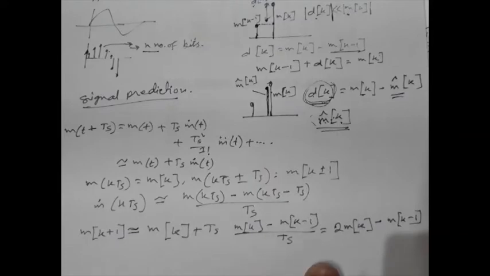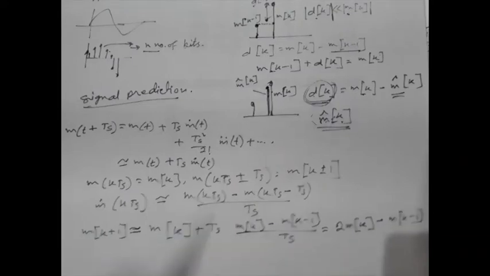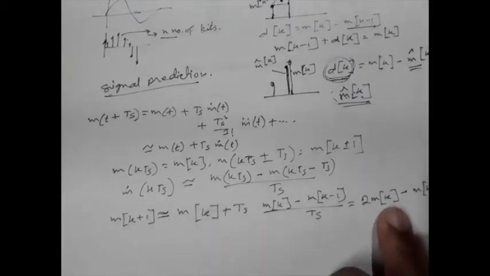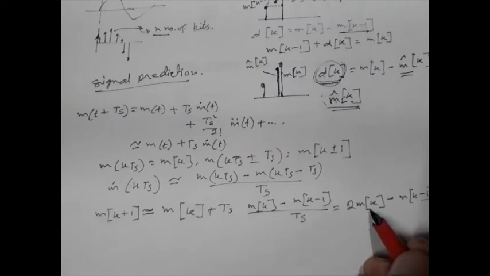So this shows that we can find a prediction of m[k+1], that means the next sample, with the help of the current sample and the previous one. That means if we have the history of two previous samples, we can estimate the next sample.